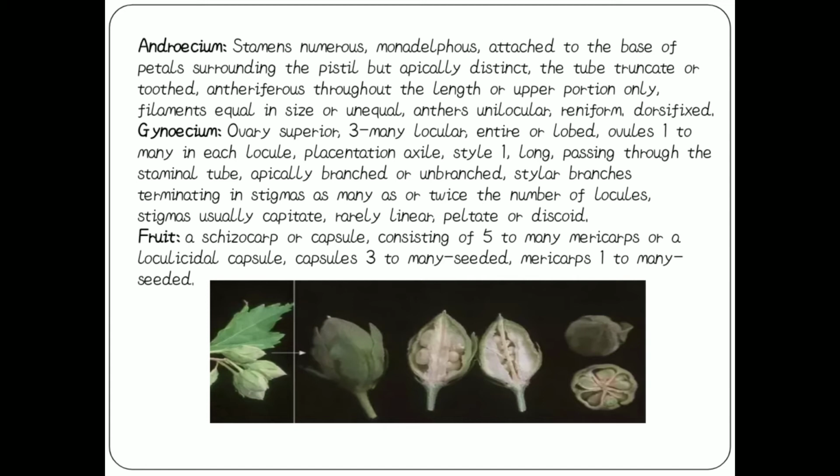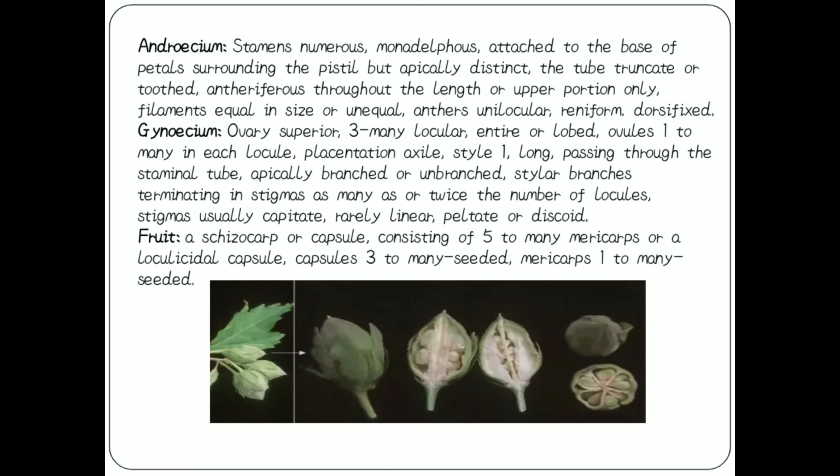Gynoecium, ovary is superior, that is all the floral parts are below the ovary. It shows 3 or many locules or lobes, ovules 1 to many in each locule. Axile placentation is shown by the hibiscus plant.